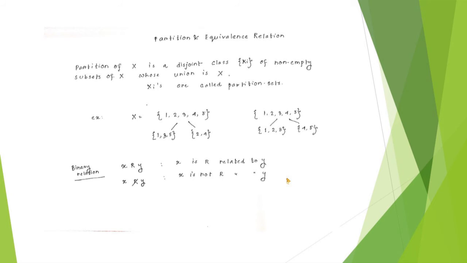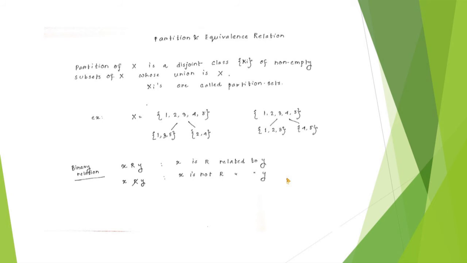So by partition, in another way we can see that we are splitting a set or subdividing it into non-empty subsets in a way such that each element of the set should belong to one and only one of the given subsets.